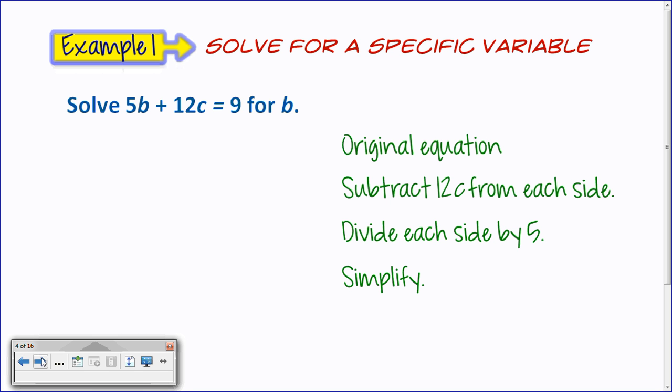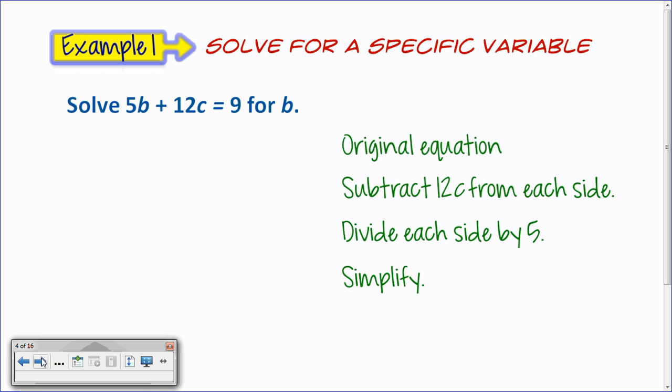Why? Because simply put, how many variables are there? There's 2. So you got 2 unknowns. There's no way we can solve this equation unless they told me what one of those variables was.